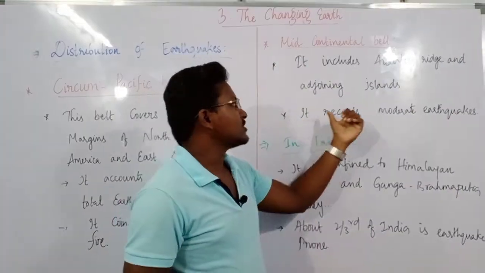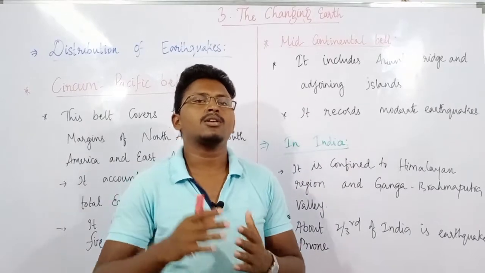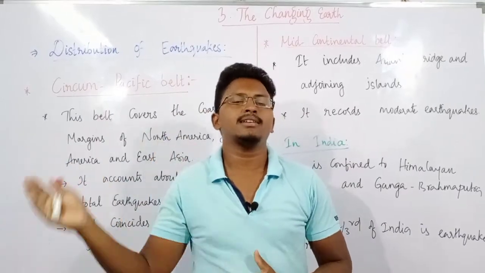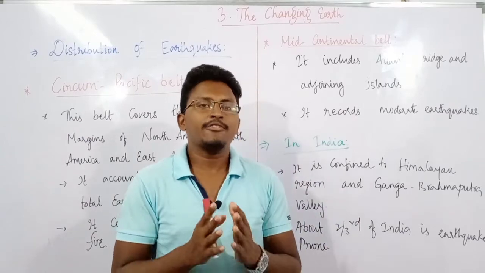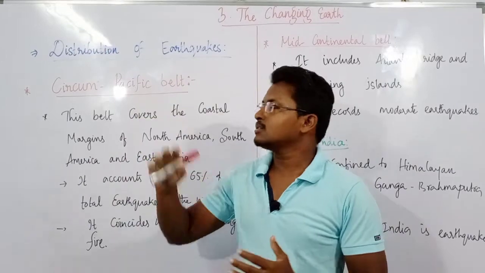But it records moderate earthquakes. Moderate means not extreme, not very dangerous but somewhat lesser, and the frequency of earthquakes in this region is somewhat lesser compared to the Circum-Pacific Belt.